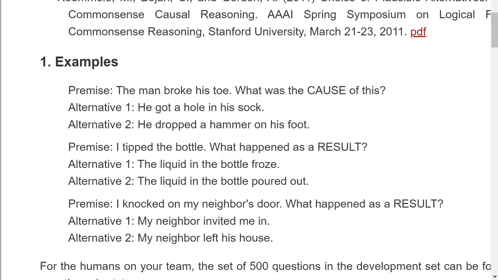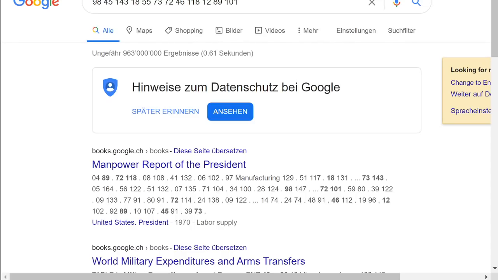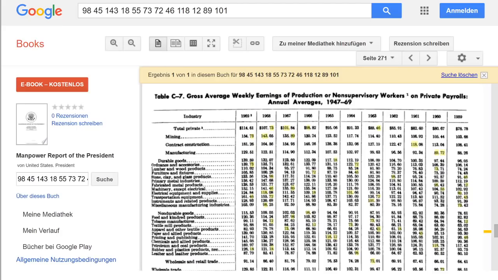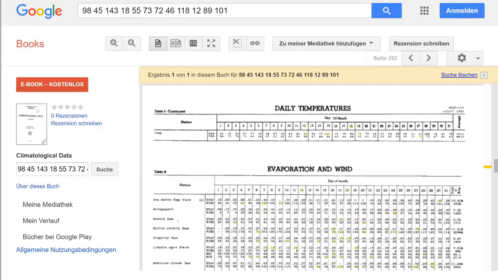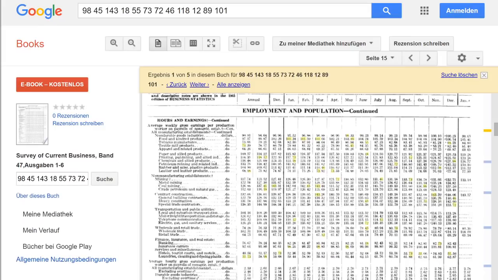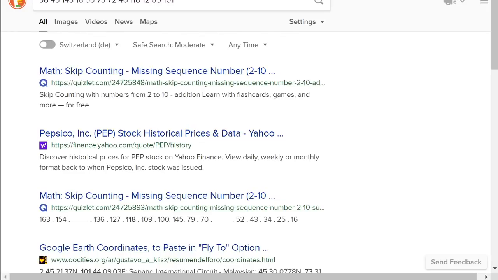And I can actually do that. So I went and typed in just a bunch of these things. So 98 plus 45 is 143, 18 plus 55 is 70, I believe at least. Now Google makes it hard because they localize everything, but what you're going to find are tables and tables and tables. So I went to DuckDuckGo, which doesn't really personalize it to me.